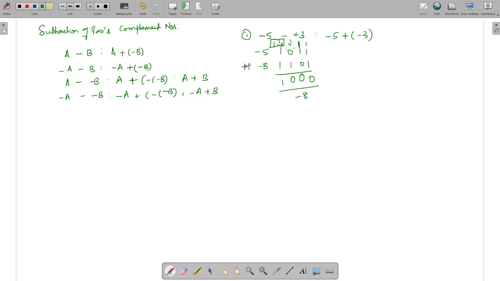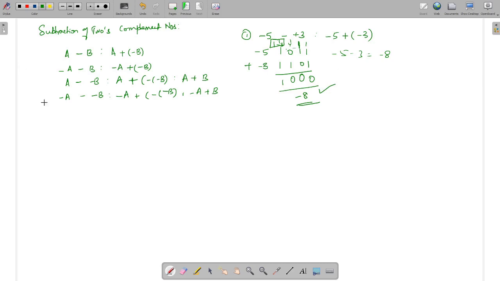That gets you subtraction done. Here it is minus 5 minus plus 3, which means minus 5 minus 3 equals minus 8. That is what we have got here. The result is right.